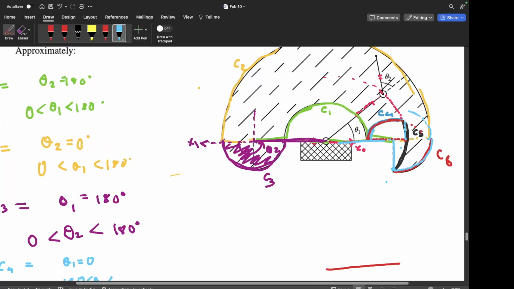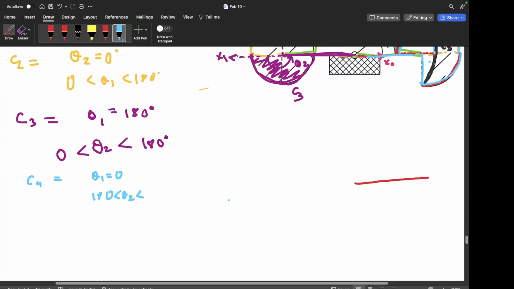So this C6 we get when theta 1 is 0 and theta 2 is... I think here I made a mistake, it should be less than.